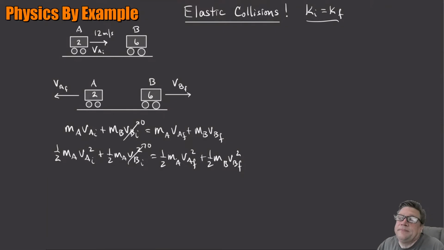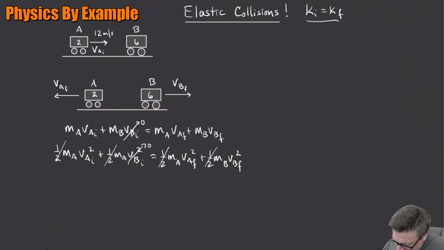Okay, so there's my kinetic energy equation. Now, I still don't know VA final or VB final, but the nice thing is that I have two equations and two unknowns. So with enough effort, I should be able to do it. By the way, all these halves go away. So that's nice.